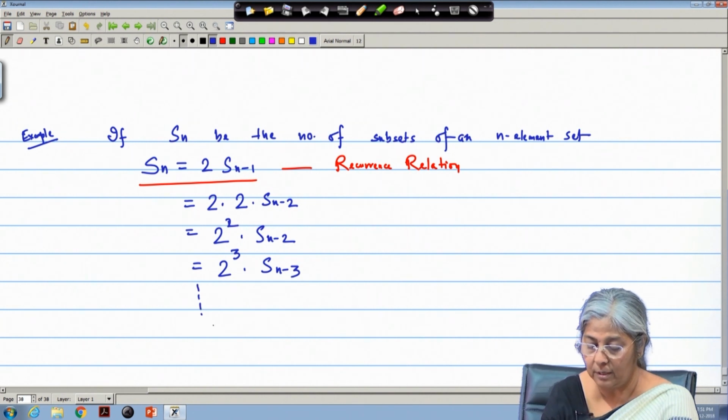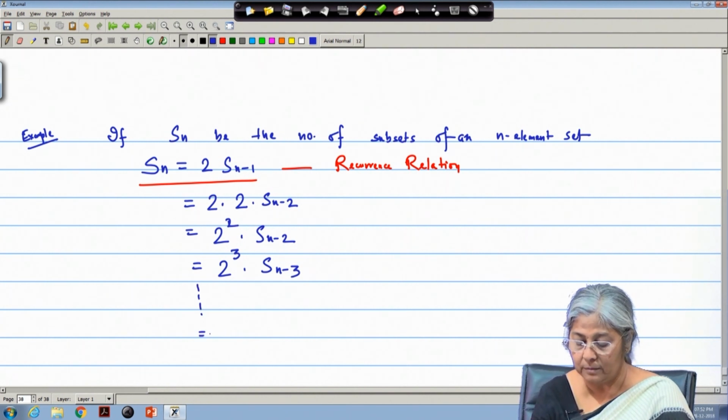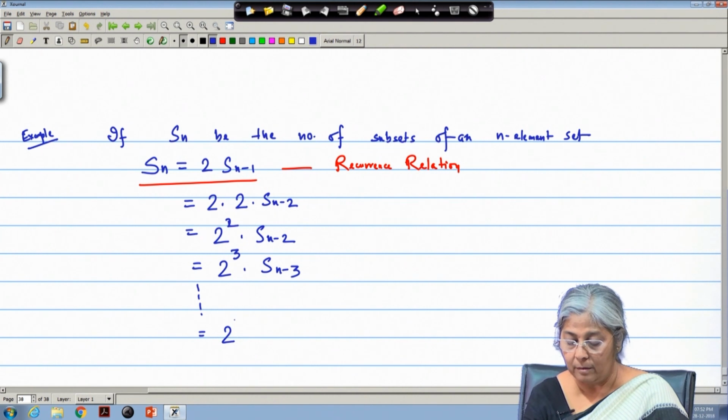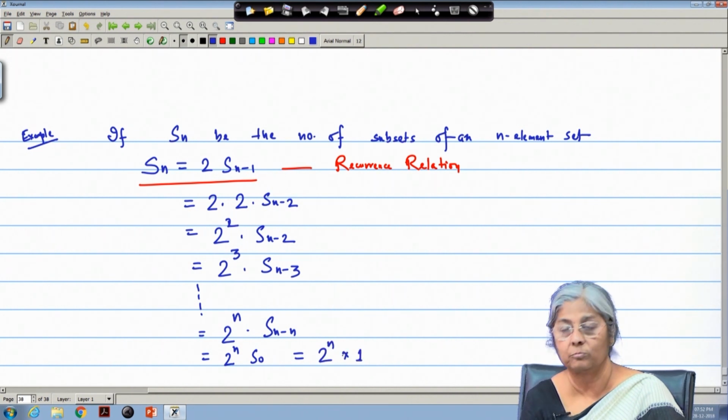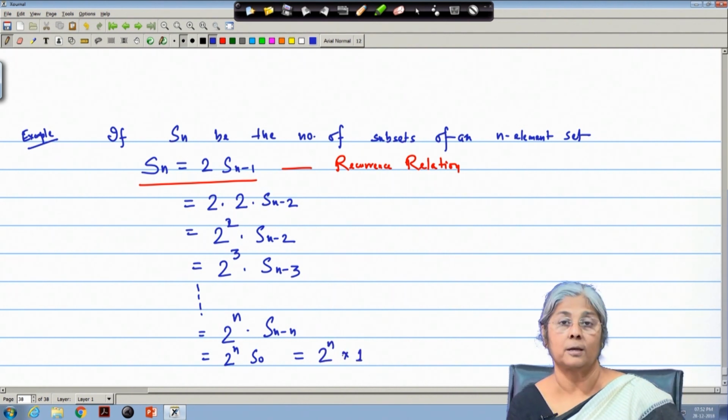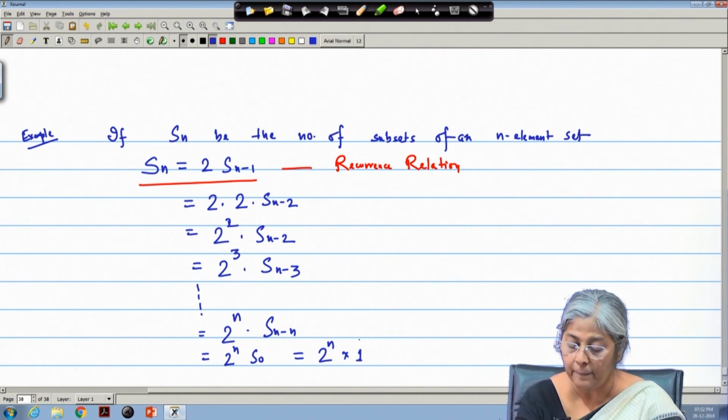In this way I can apply, and this is 2 to the power n S_{n-n}, equal to 2 to the power n S_0, which is 2 to the power n into 1, because S_0 means the empty set, which has only one subset, the set itself.